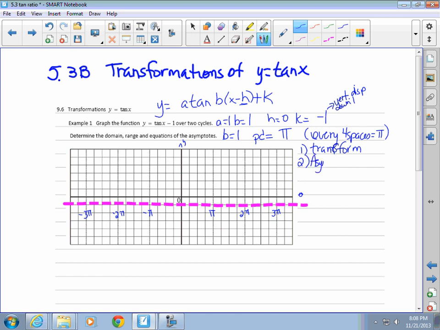So we know from the work that we did in that first section that every half a cycle, in this case, half of a cycle is every pi over 2, we're going to have that asymptote. So if I'm going to repeat this function every pi, halfway through is going to be my pi over 2.